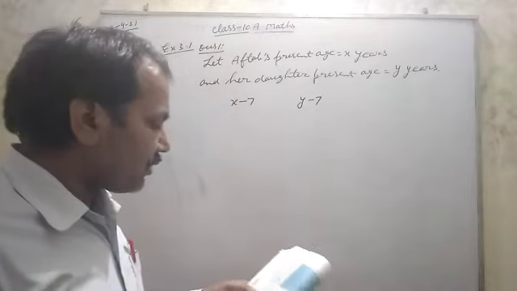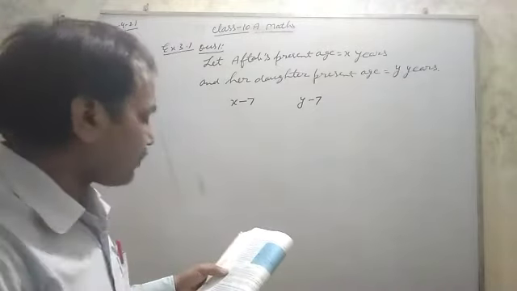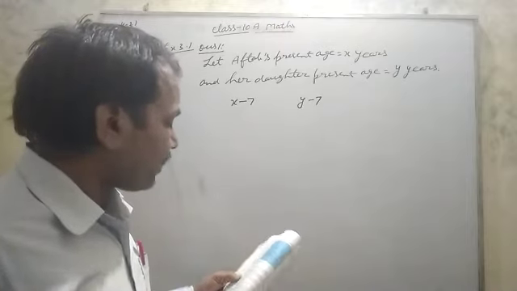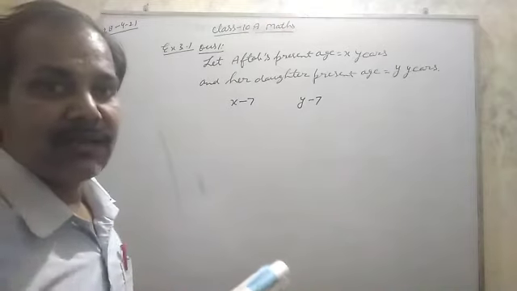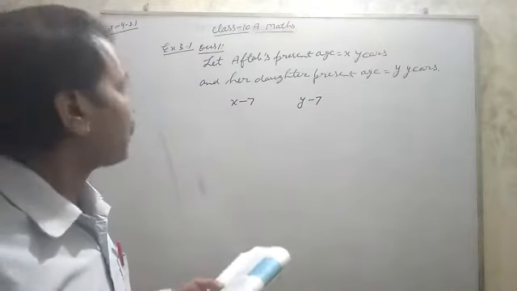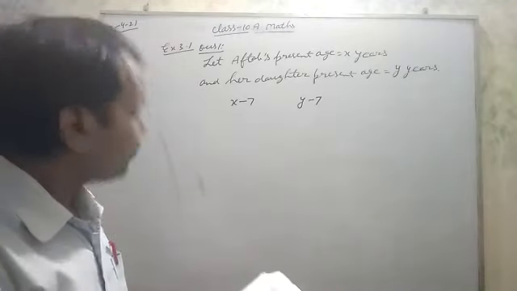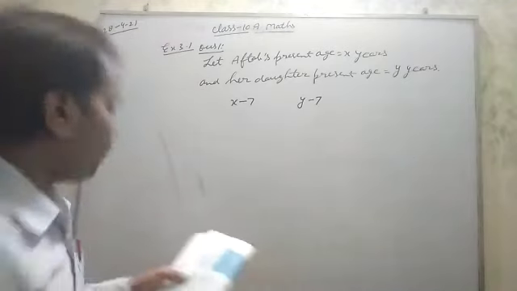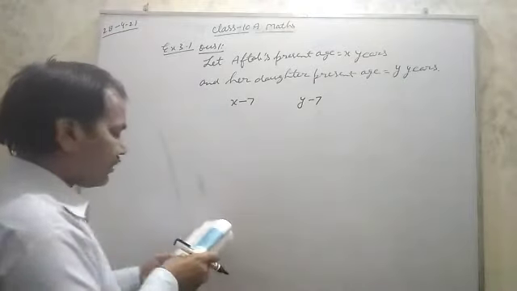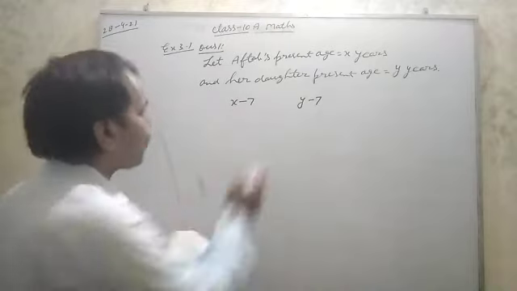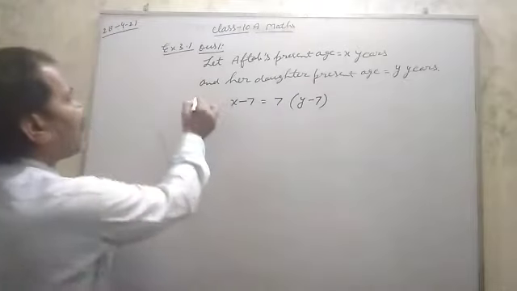So 7 years ago, I was 7 times as old as you were means Aftab is saying to his daughter 7 times as old as you were. So x minus 7 is equal to 7 into y minus 7.